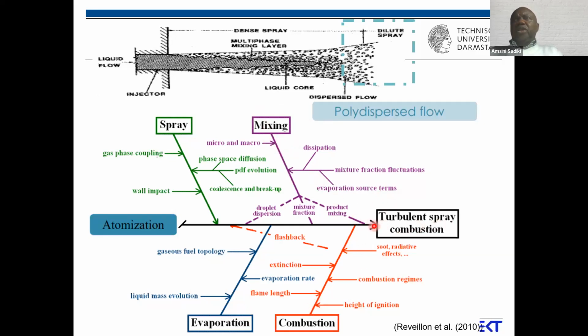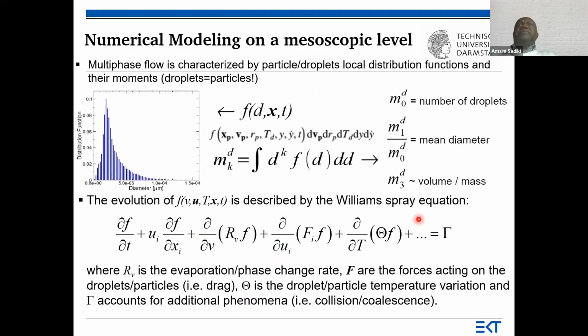And at the end, we have the interaction, perhaps also between the combustion with the flame and the droplets, which is not really investigated in the literature, but this is also to characterize further our spray.